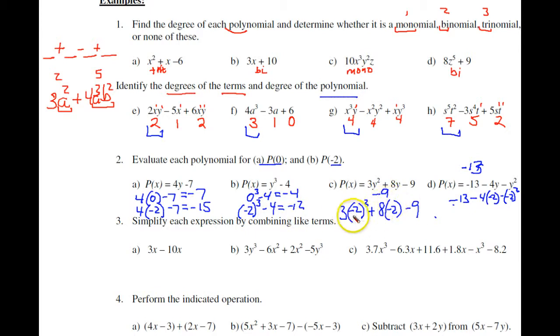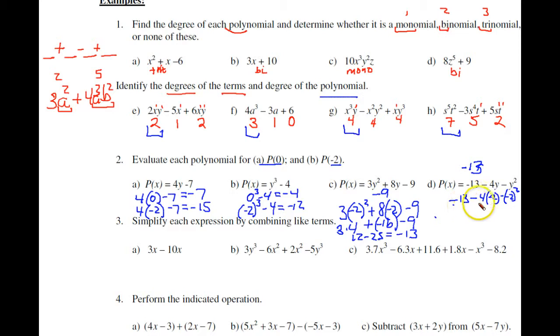And this one's going to be a positive 4, so 3 times 4. This will be a negative 16 and a negative 9, so a negative 25. So 12 minus 25, I believe, is a negative 13 there.